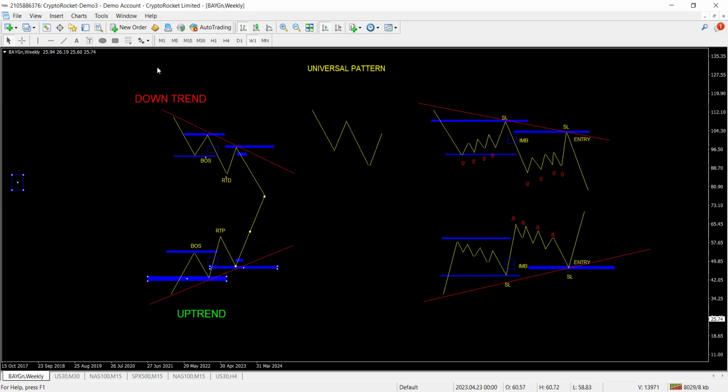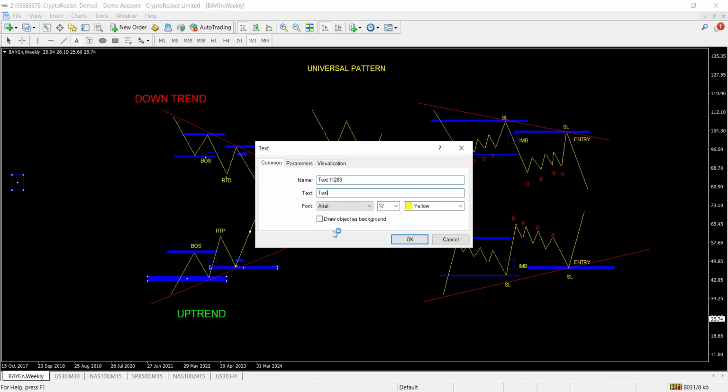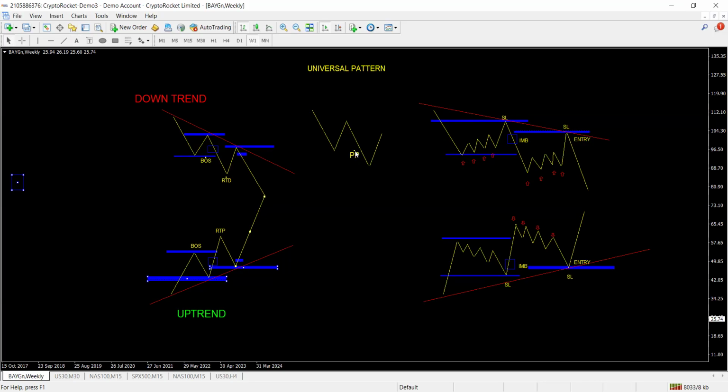All right. So just remember, if the market is showing aggressive selling in the downtrend, then this is your push phase. I'm just going to put PP for push phase. That is your push phase. This phase in the market is a market creating liquidity.